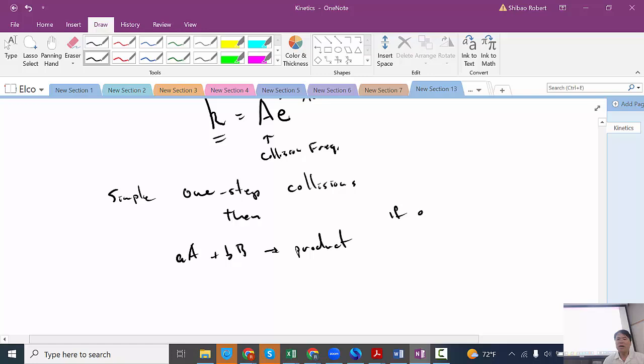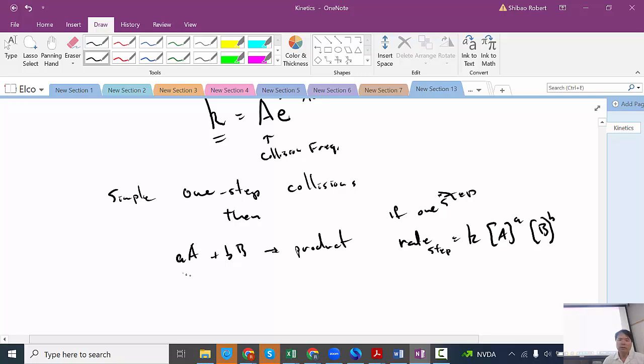If we have one step, then the rate for this step is equal to K of this step, A to the little a, B to the little b.